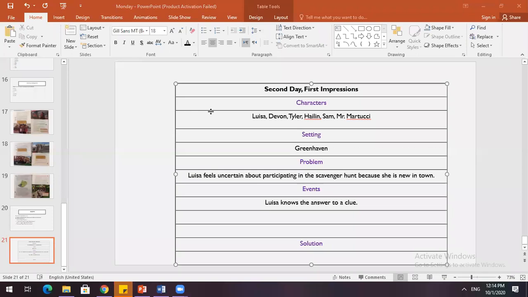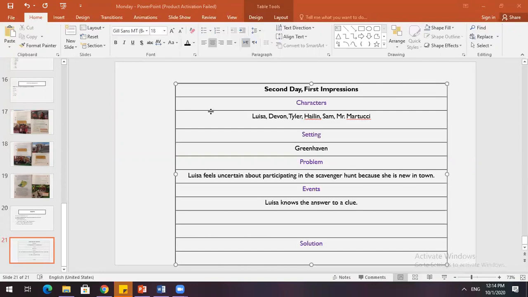So the first step in her becoming friends with them and working on the scavenger hunt with them was that she knew the answer to a clue. So she wasn't afraid to say what she thought it was, and it turned out to be correct.